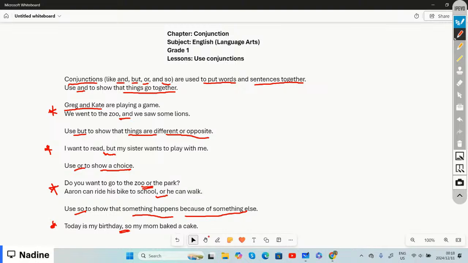All right. So we said that these are a few examples of conjunctions. And we said conjunctions are used to put words or sentences together. And our most common conjunctions are words like and, but, or, and so.